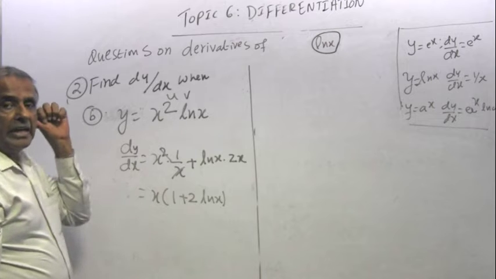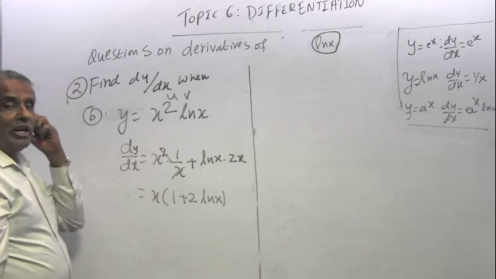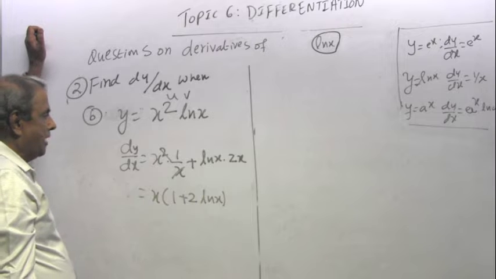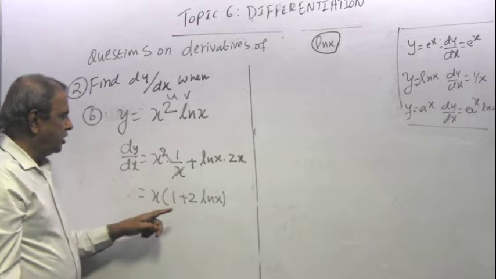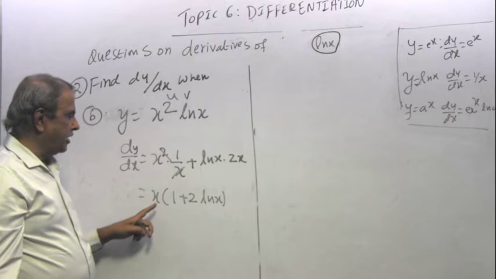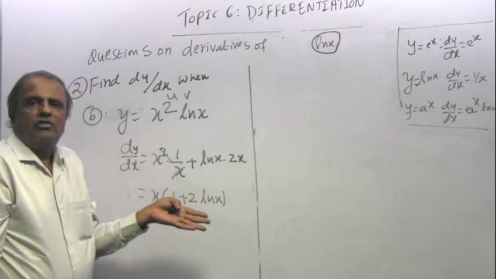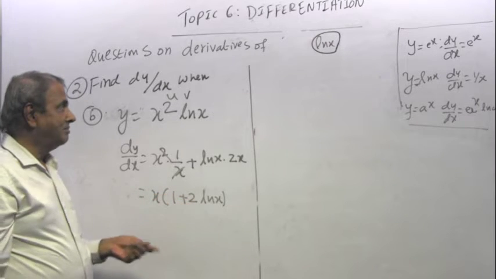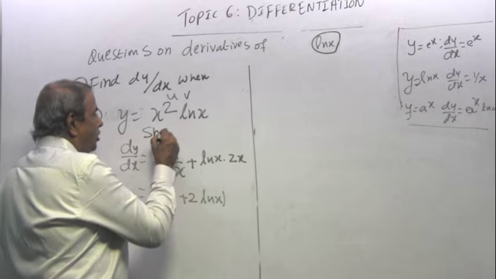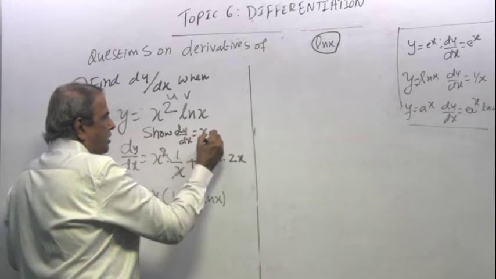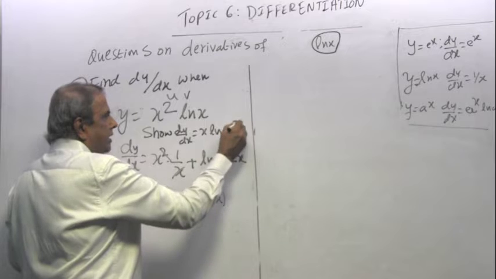If you want to, you can write it as 1 plus ln x squared, or sometimes if the examiner wants to test you, they might say, show that dy by dx equals x ln (e x squared).